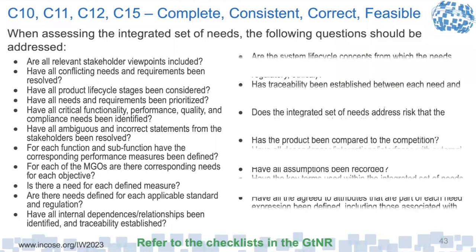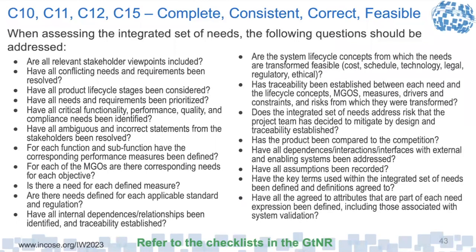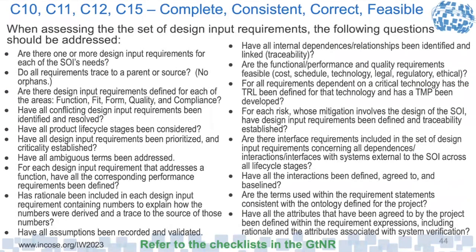Going through these questions will help. And this is for the set of needs; for the requirements, there's a similar set of questions. We don't have time to go through each one of these. It just helps you ensure that you've met all these characteristics.